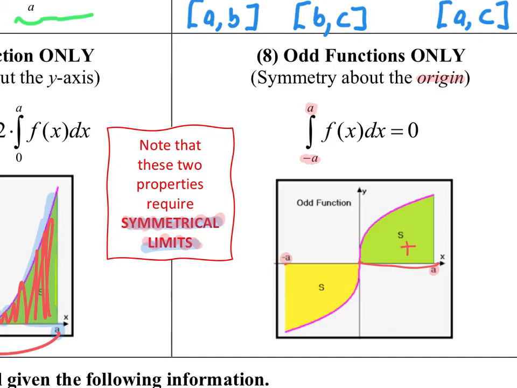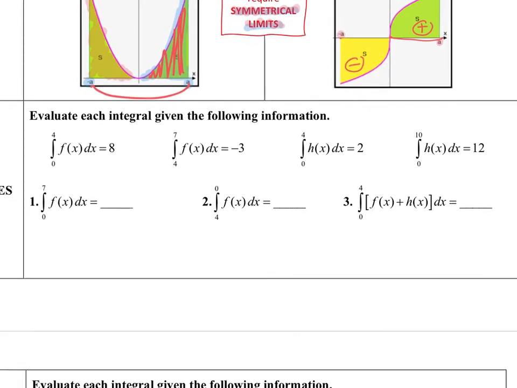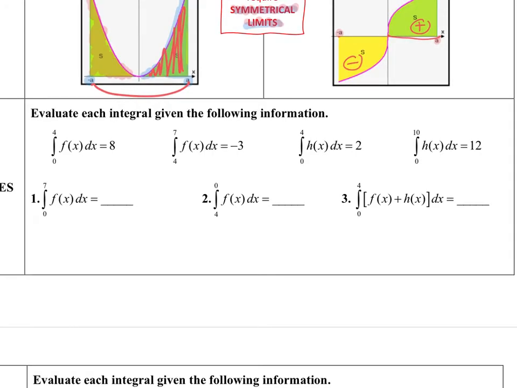However, because it's below the x-axis, it will be negative, but other than that, it's going to be the same amount. So the negative and the positive are just going to zero out, and the value of that integral will be 0. Let's take a look at some examples, and you'll see how these properties work. In this first set of examples, I'm given values of different integrals, and there's two different functions going on.